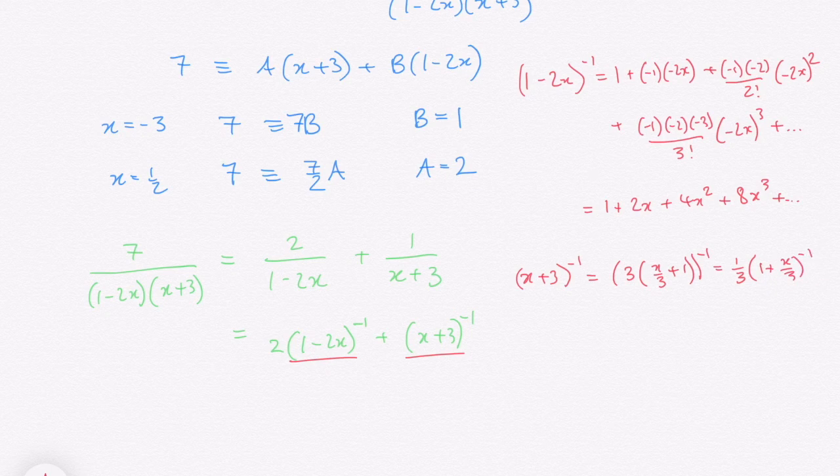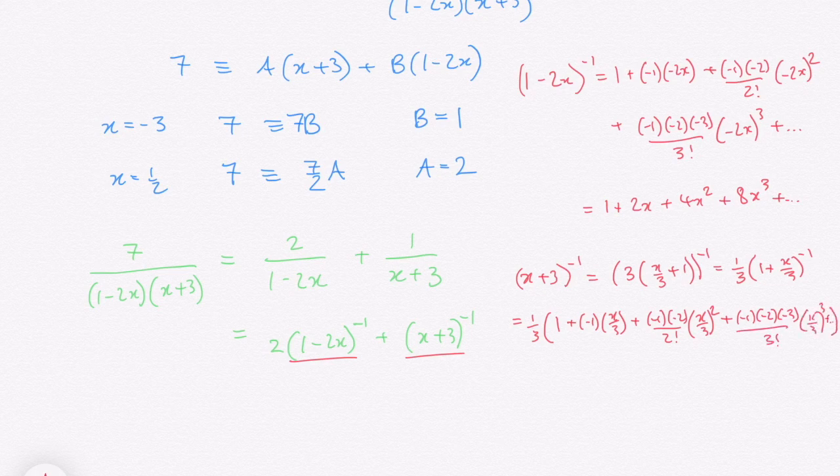So doing the binomial expansion, we have 1/3 of 1 plus minus 1 lots of x over 3, plus minus 1 minus 2 over 2 factorial x over 3 squared, plus minus 1 minus 2 minus 3 over 3 factorial lots of x over 3 cubed, plus higher order terms, which is 1/3 of 1 minus x over 3 plus x squared over 9 minus x cubed over 27 plus the higher order terms.